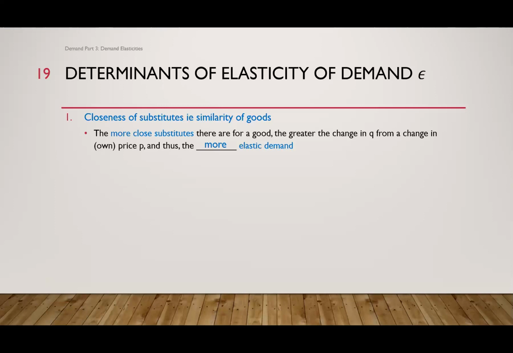Conversely, if there are very few substitutes, then when the firm raises its price, what are you going to do? There's not many other things you can do instead because the substitutes don't exist. So that's the intuition on that. I said there tend to be a lot of substitutes for Vietnamese restaurants. There are lots of Vietnamese restaurants in Melbourne.